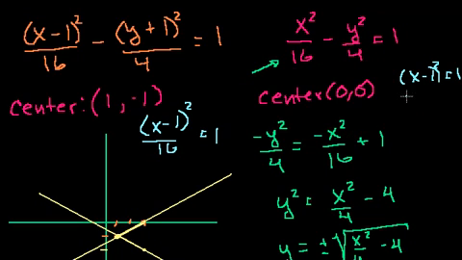Take the square root of both sides. x minus 1 is equal to positive or negative 4. And so if x minus 1 is positive 4, and you add 1 to that, x would be equal to 5. And then if x minus 1 is minus 4, and you add 1 to that, you would have x is equal to 3.